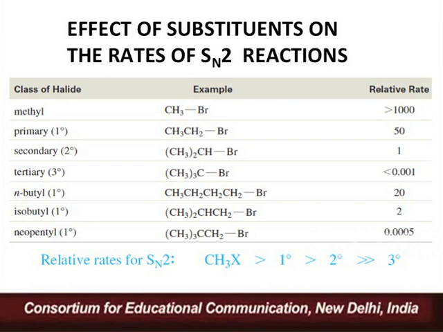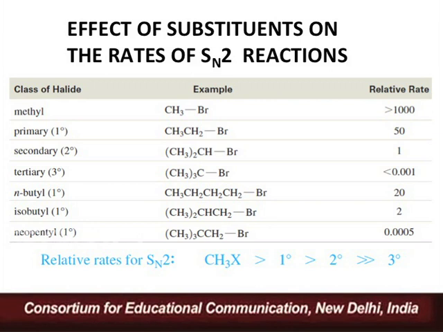And tertiary butyl bromide does not undergo nucleophilic substitution reactions, as indicated by the relative value less than 0.001. Neopentyl bromide is a primary alkyl halide, but it also does not undergo nucleophilic substitution reactions.